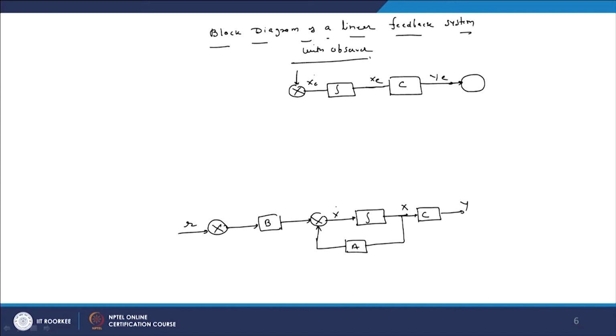Now, here is the observer gain matrix, or we can say observer type controller, Ke. Now, here output Ye. Now, here this is a B matrix, and this is U, and here is A matrix A.